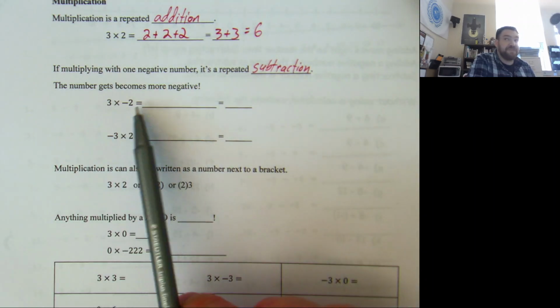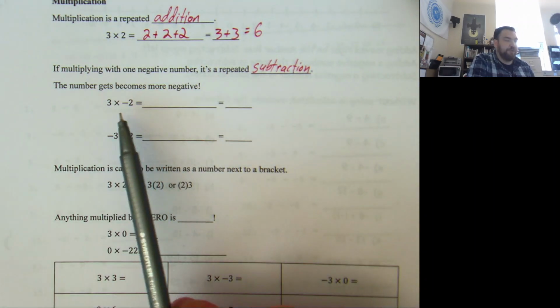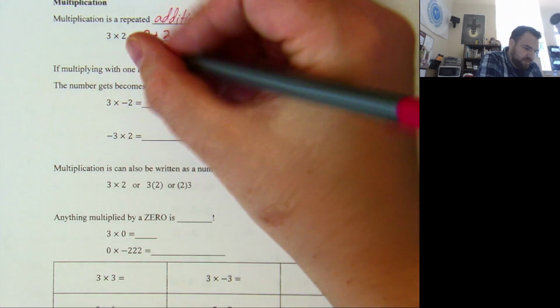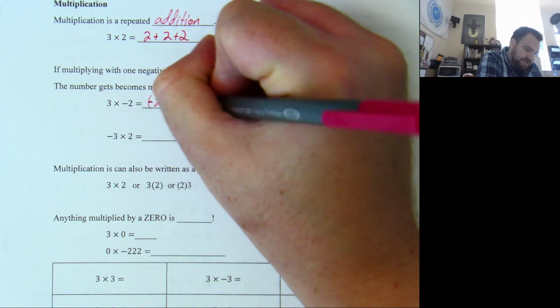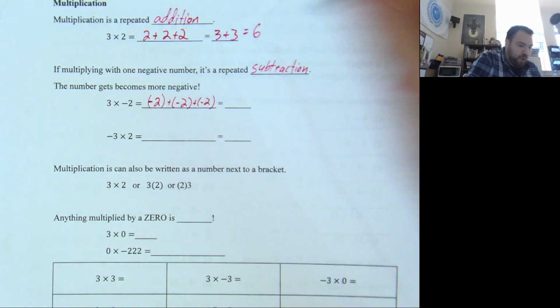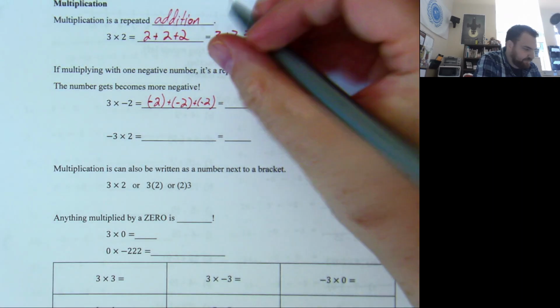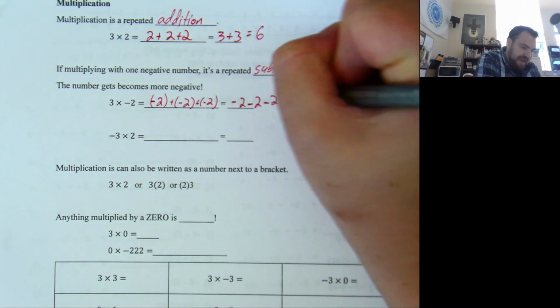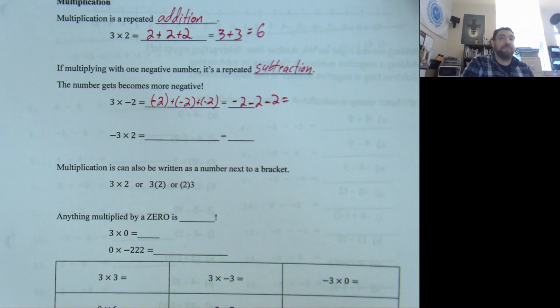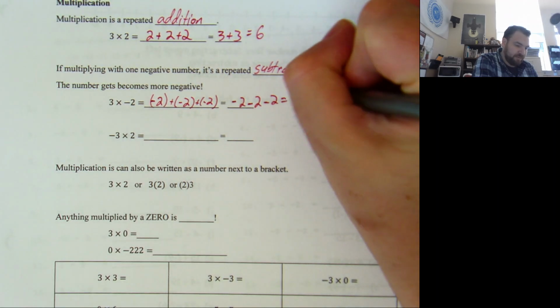So if I have 3 times negative 2, what that is, 3 groups of negative 2. So you can write it as negative 2 plus negative 2 plus negative 2, or you can think of it as negative 2 minus 2 minus 2. Either way, at the end of it all, if you have 3 minus 2's, that's going to be what? Negative 6. Cool.